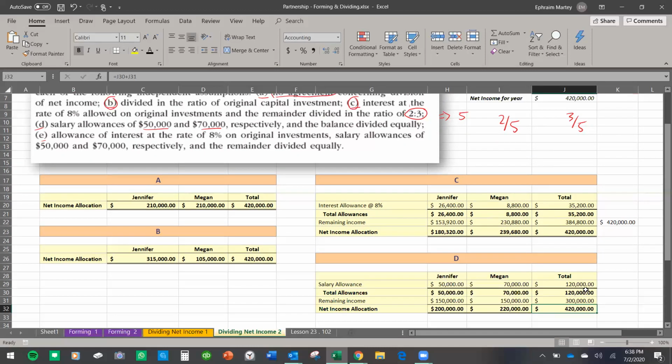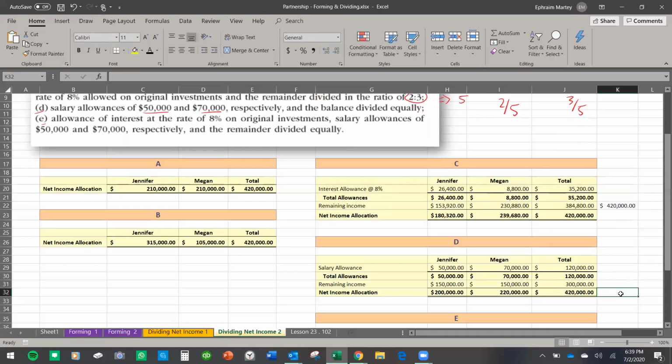So the total net income, the corner right here, should always equal the net income that we were given. Or you can do it this way to see if that is also correct. You can double check by adding their total allocation. And that's also 420,000. Okay, good.